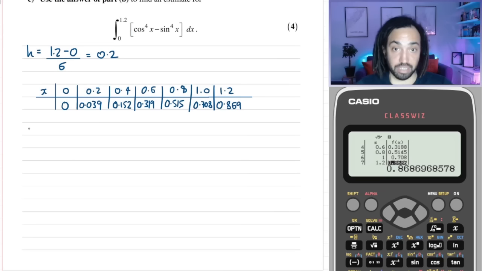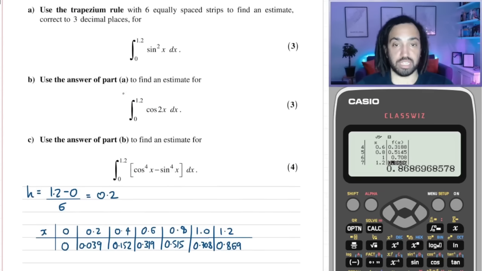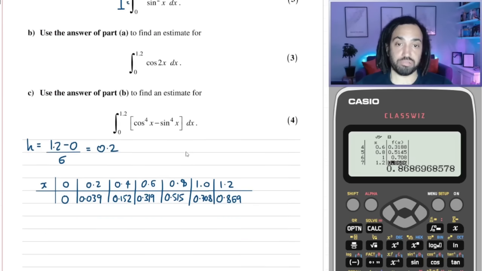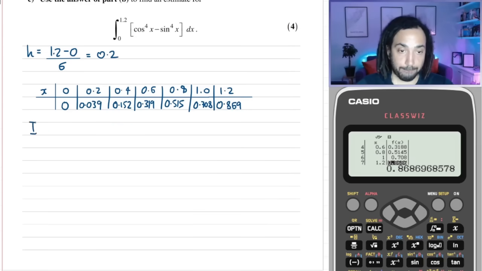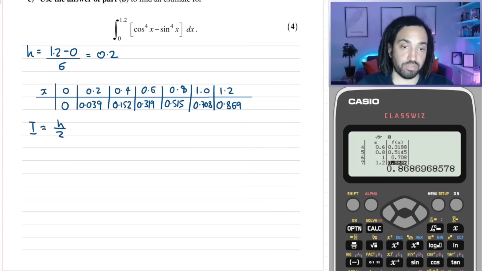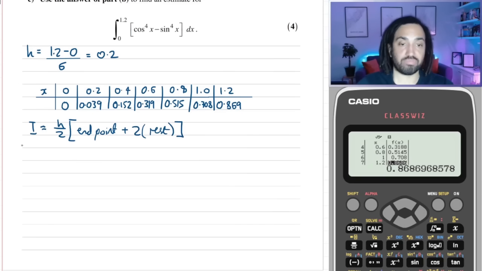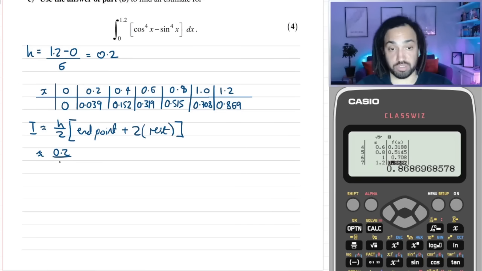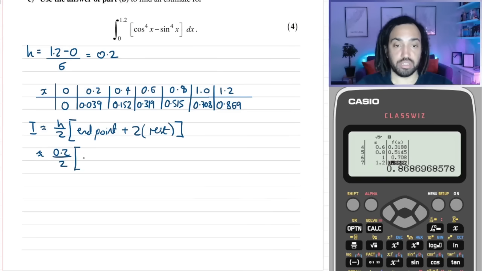Now the area, so let's just write this as the integral. So that is going to be approximately equal to height over 2, the 2 endpoints plus 2 times the rest. So the height of each trapezium was 0.2, so divide that by 2. The 2 endpoints are this one and this one.